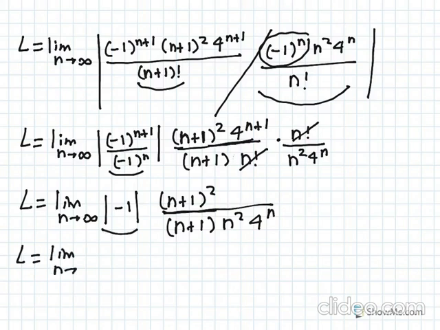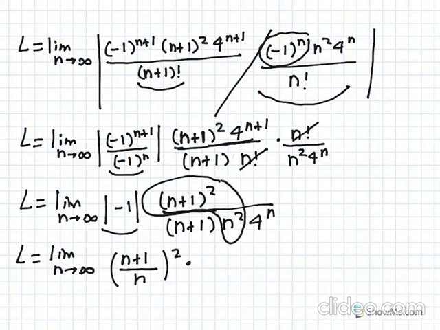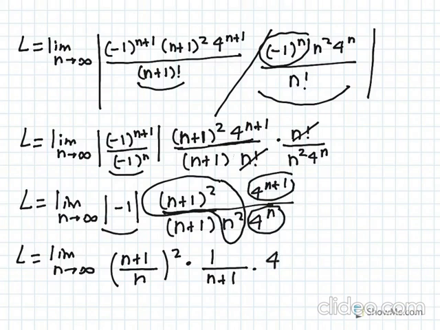Let's rewrite this as n plus 1 divided by n all squared, times 1 over n plus 1, times, and we have 4 to the n plus 1 in the numerator. That's what was missing. So 4 to the power of n plus 1 divided by 4 to the power of n, same base, subtract off the exponents, and we just get 4.